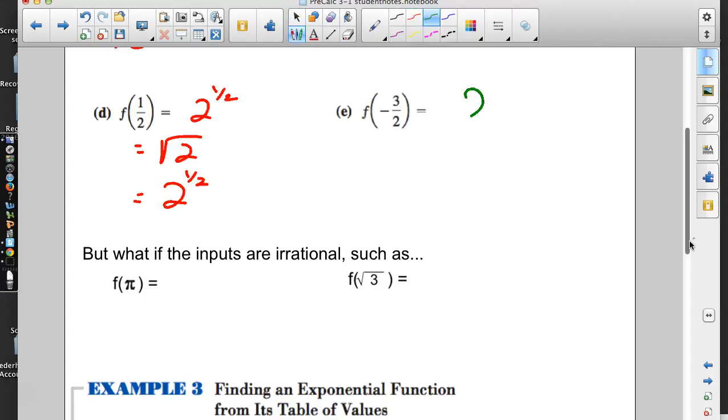Alrighty, how about 2 to the negative 3/2? What do you want to do first? Put it on the bottom. Square root next.